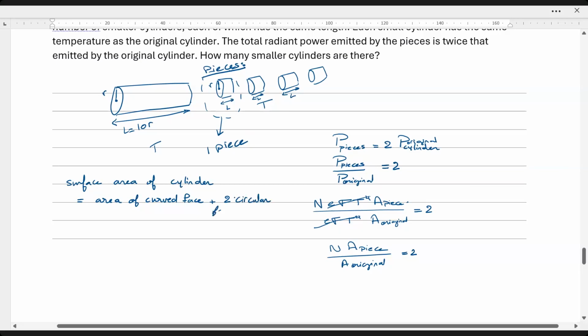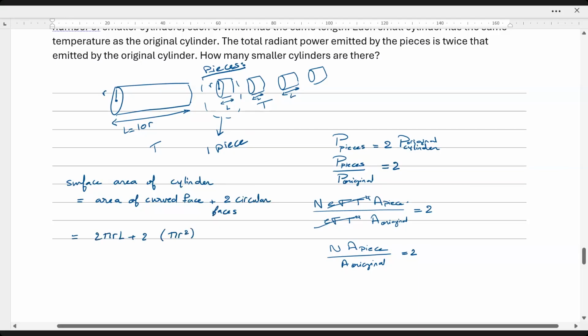These are two circular faces. The curved face has a surface area equal to 2 pi r L for any cylinder. And the circular faces each have an area of pi r squared.